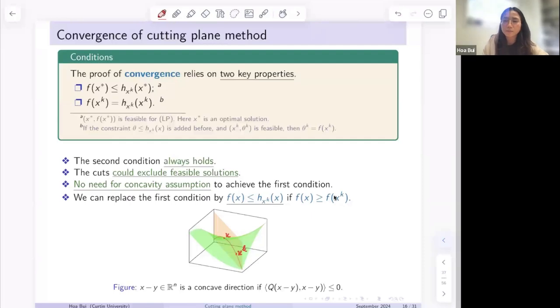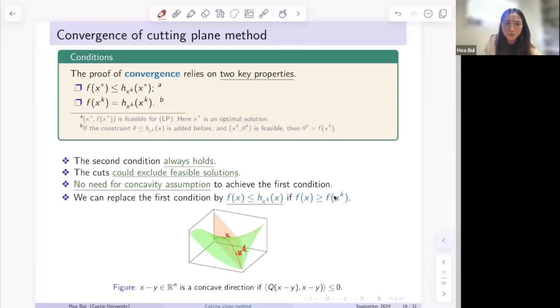Because this is a quadratic function, the function embedded into the direction x and xk is a one-dimensional quadratic function, which is either convex or concave. So we can tell the convexity property of the function along that direction.